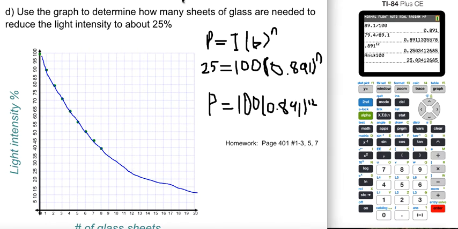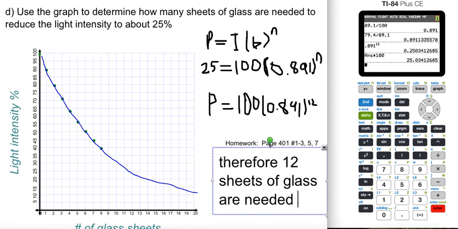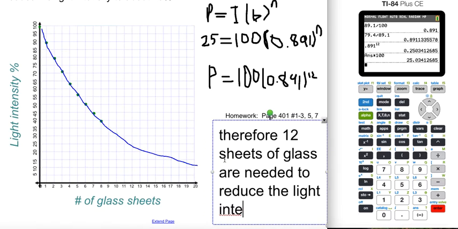So therefore, 12 sheets of glass are needed to reduce the light intensity to 25%.